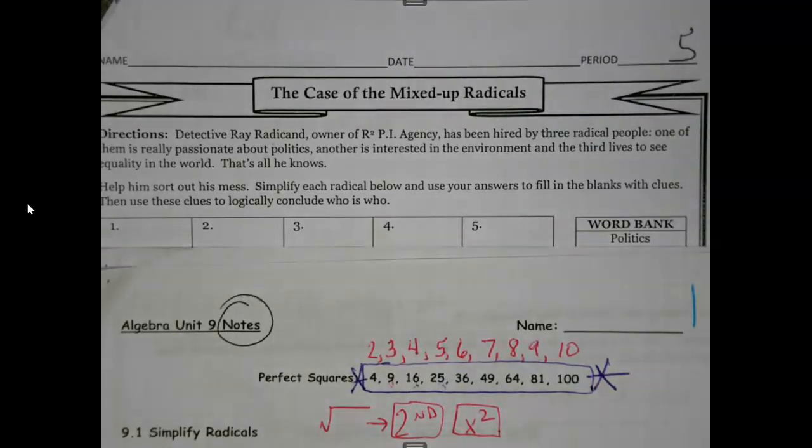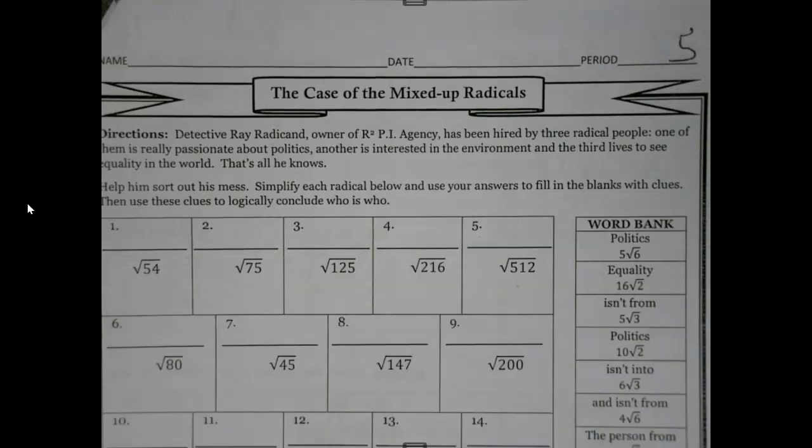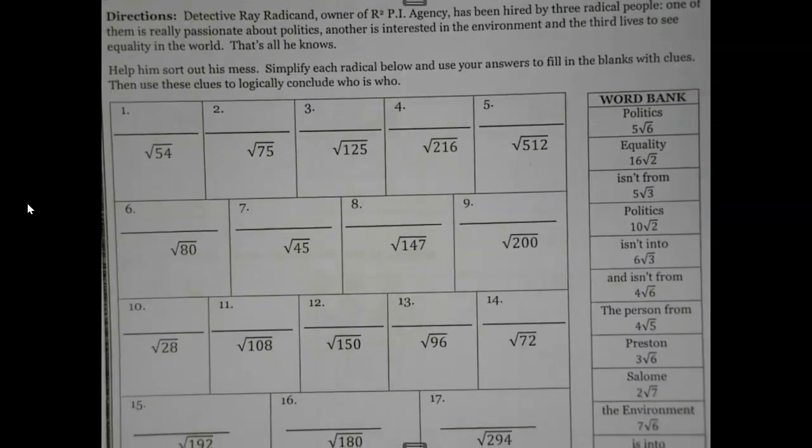So, today we have the case of mixed up radicals. In its most basic form, you've got these questions here that we're going to break down. Now, I'm going to help on a couple, because a couple of these numbers get ridiculously big. But all of the answers for the word bank are down the right side if they've been broken down completely.